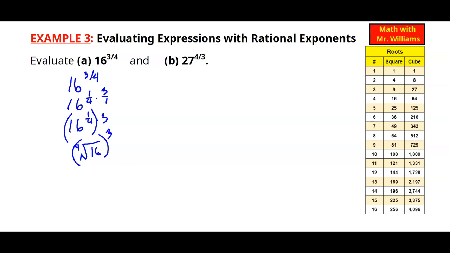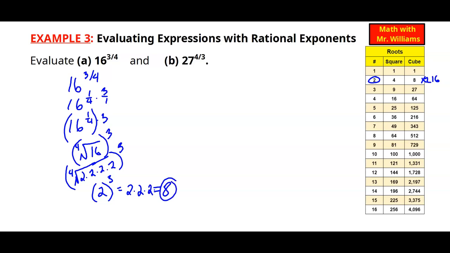So we know from our chart over here that 16 is 2 times 2 times 2 times 2, so we know that 2 is going to end up being that root. One of those roots would be 2, and now we would cube it. So that would just be 2 times 2 times 2, which gets us 8 as our answer.